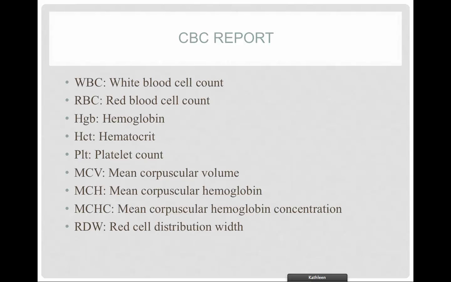Along with variation in size, there is variation in shape. The shape is poikilocytosis, P-O-I-K-I-L-O-C-Y-T-O-S-I-S, and this causes an increase in red cell distribution width.